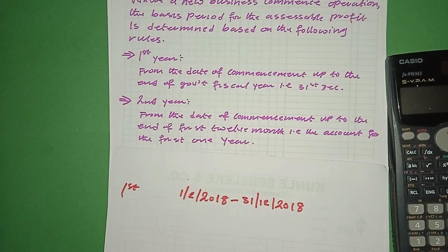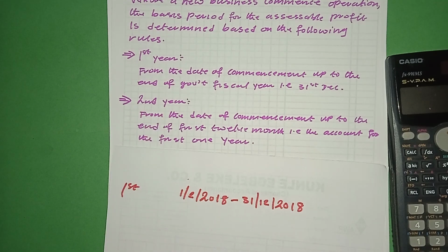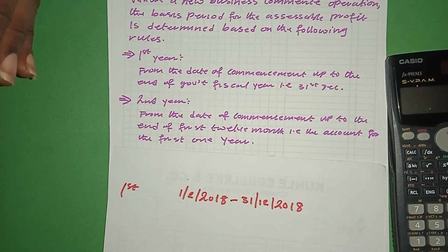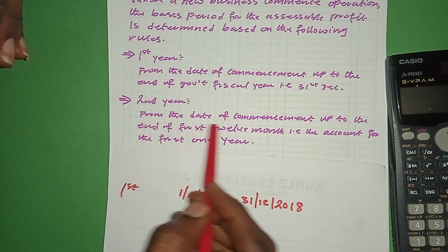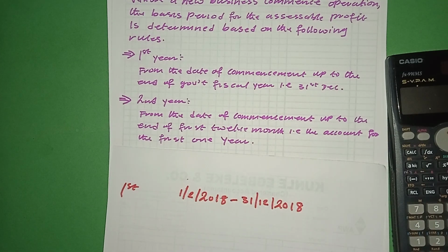It must be 12 months from the date of commencement, that is to say, we are going to have one full year in the second rule. In the first year, we started from the day they commenced to the end of the government fiscal year. The second year, we start from the date they commence to the end of 12 months.